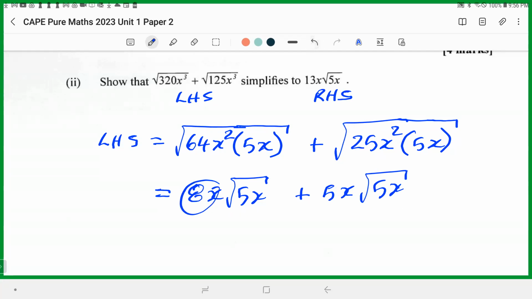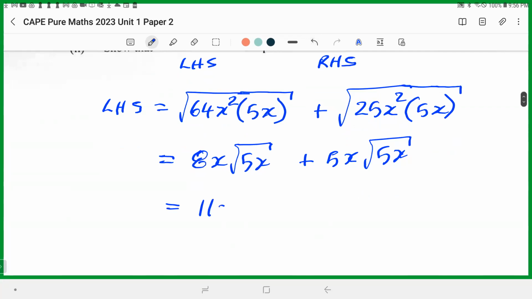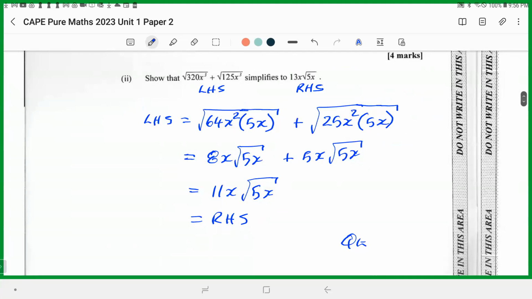You have 8x of this and 5x of this, which becomes 11x of that same thing. So this becomes 11x times the square root of 5x, which is equal to the right hand side. And so we have shown it. So that is quite easily brushed aside. All right, that was done nicely.